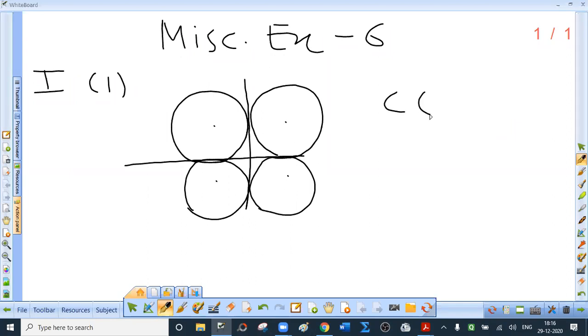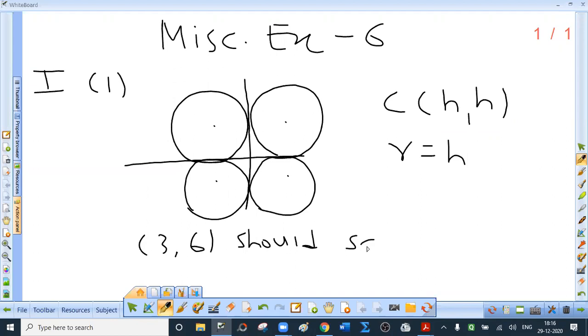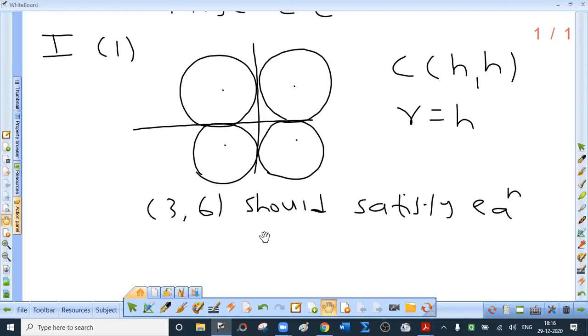If you take center as say h, h, then radius is also h. So check options for this, or 3, 6 should satisfy the equation. Tell me the answer.